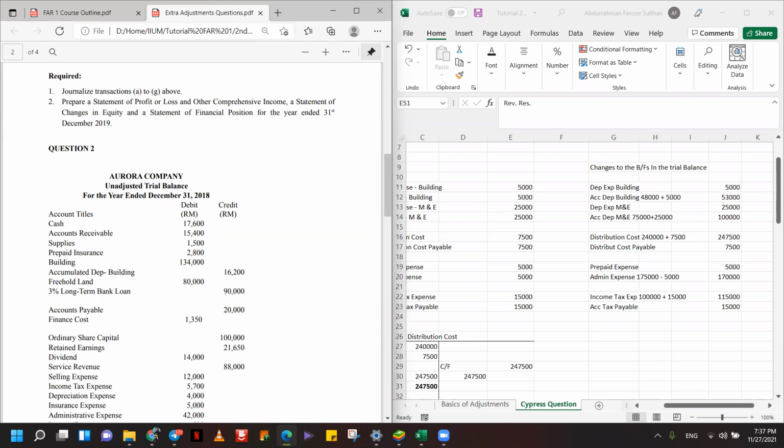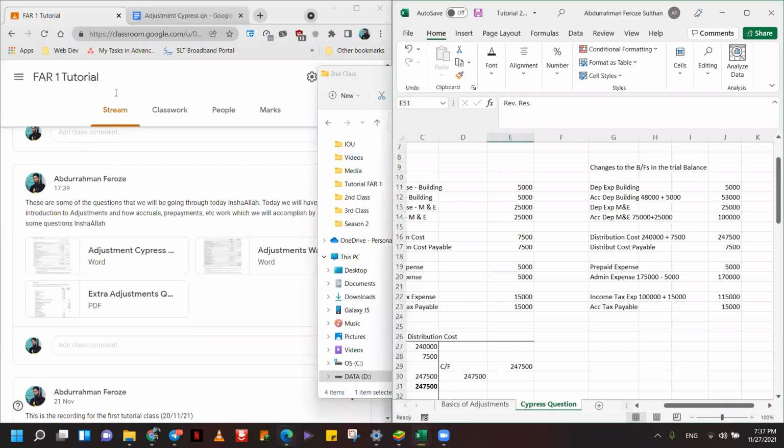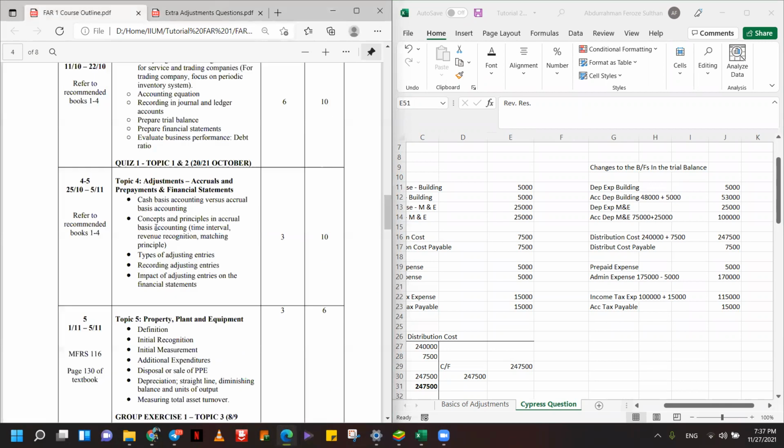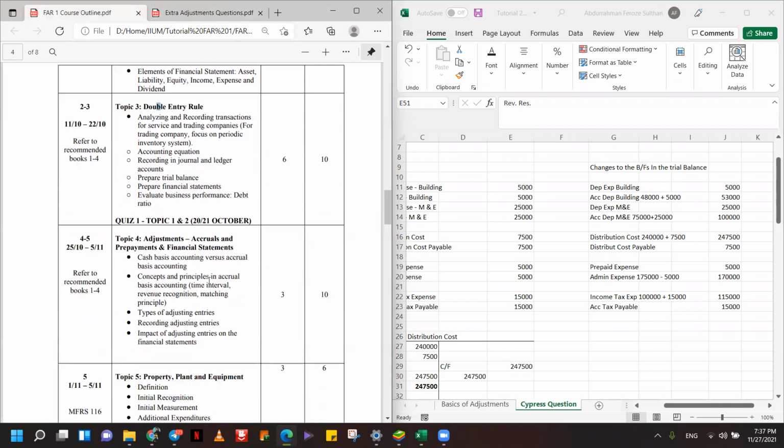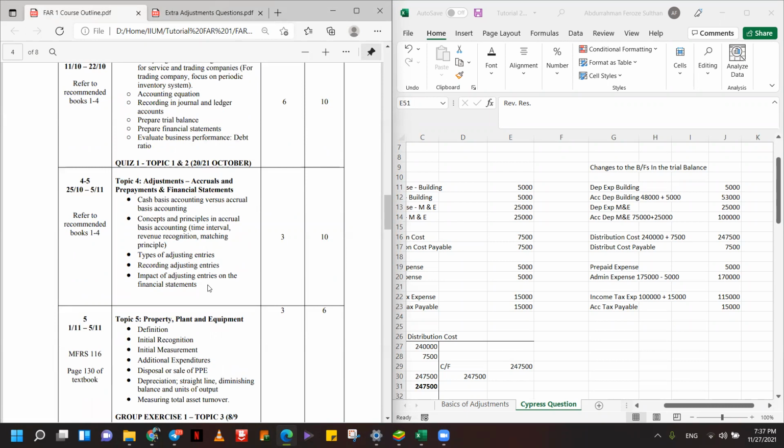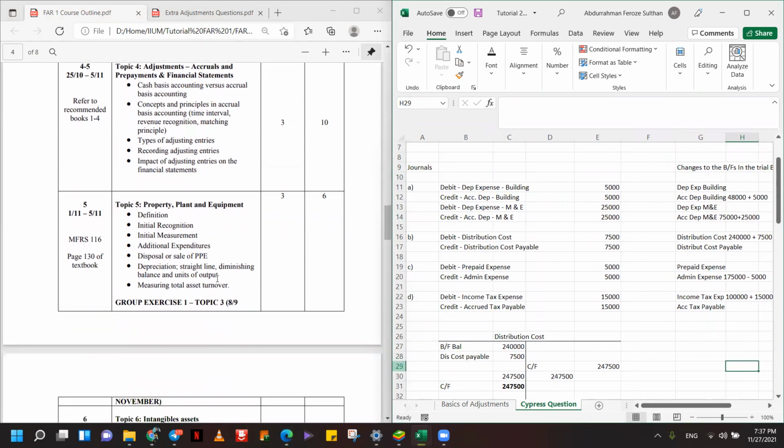As of now, with regards to the course outline, we've covered the double entry, which is topic 3, and we've covered topic 4, adjustments, accruals, prepayment, and we did this one completely. We did everything. So if there are any doubts and questions, please ask, and inshallah we'll cover it. If not, we can move on to the next topic, inshallah. Any questions before we end the class?